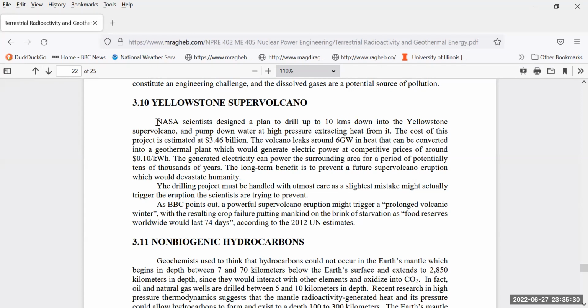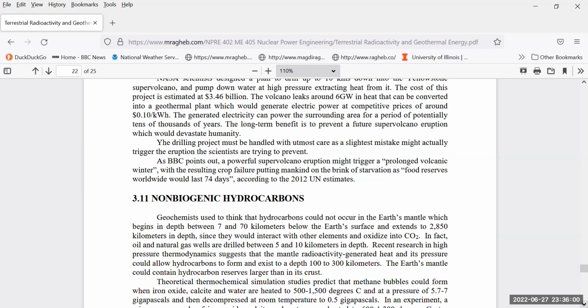But NASA has suggested that we might like to decrease the heat generation in a large magma bubble under the park to prevent it from erupting. And so studies are being made about extracting some of the energy that is present in the Yellowstone supervolcano. If it erupts, it can cause great damage in the United States and even the rest of the world.